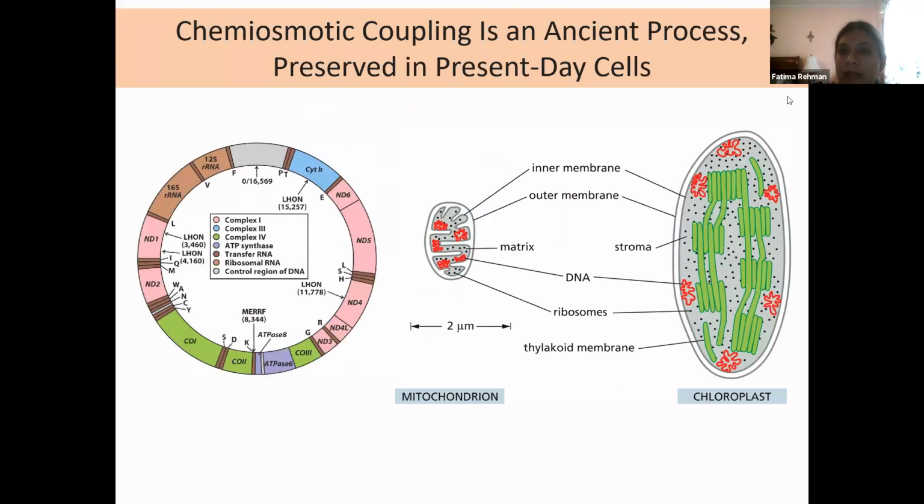Okay, so let's look at how this system works by first looking at where they are going to be working. The two places that you're going to see these systems working are the mitochondria and the chloroplast. Both of these have one thing in common, in that they have a lot of different membrane spaces.